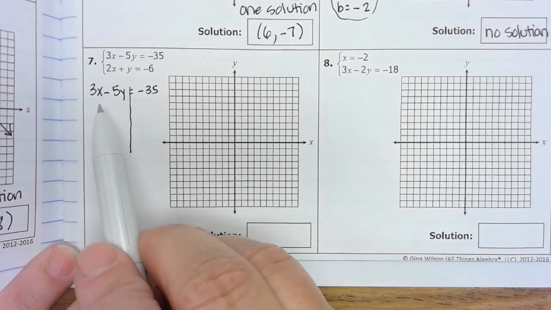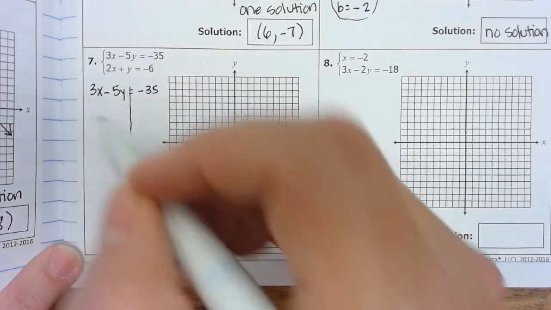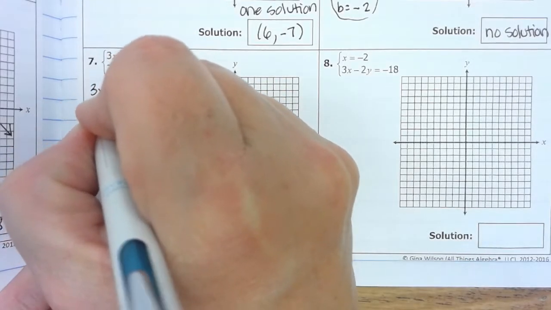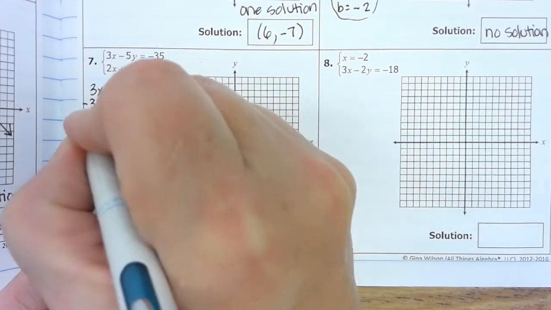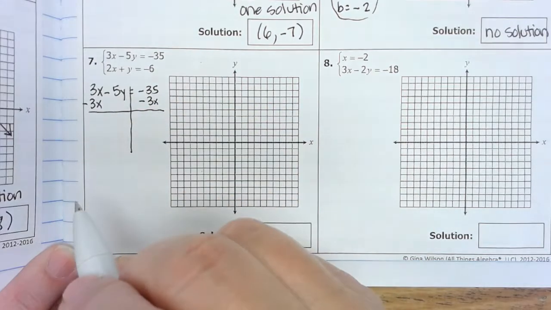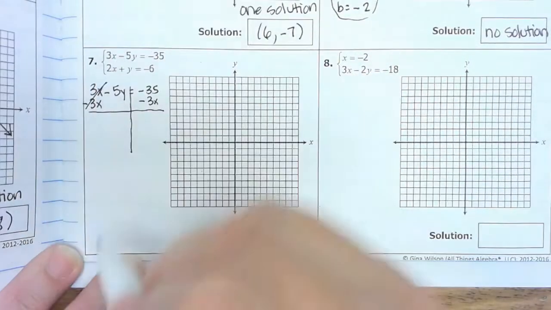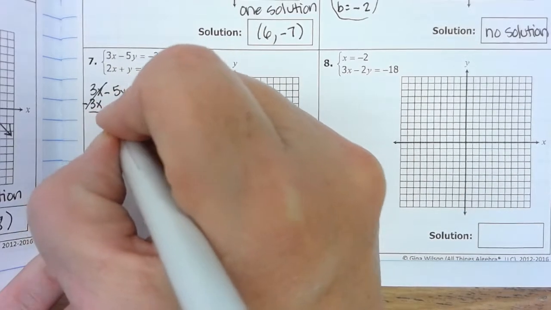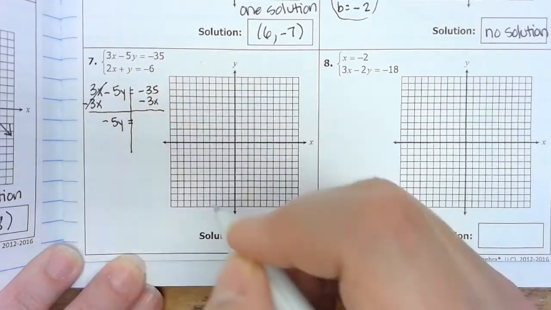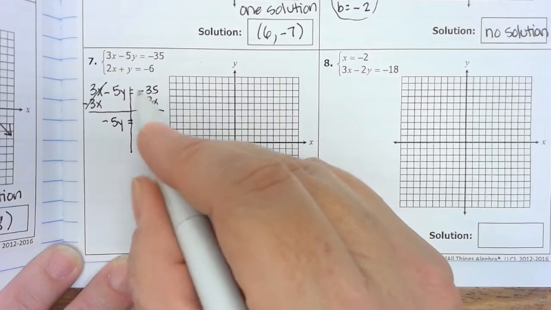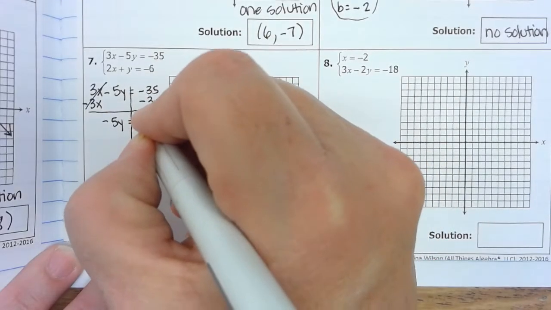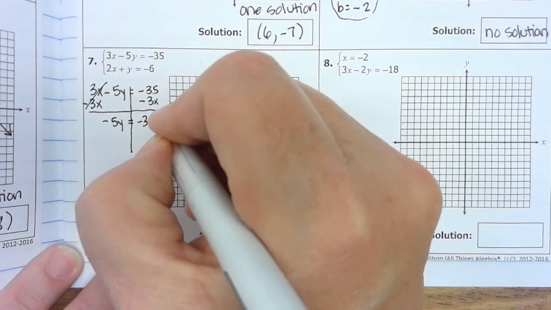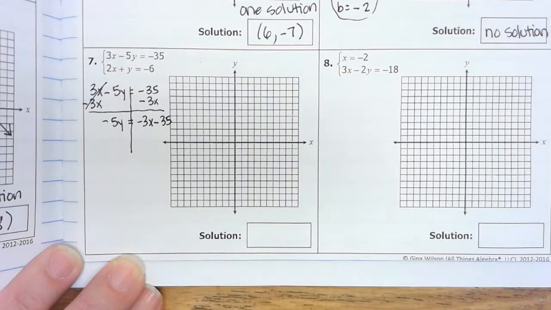In order to zero pair the 3x, I need to do minus 3x. The 3x's cancel out. Be careful right here, you're bringing down negative 5y. And these are not like terms, so I have to keep them both: negative 3x minus 35.